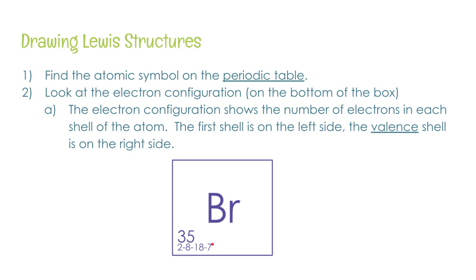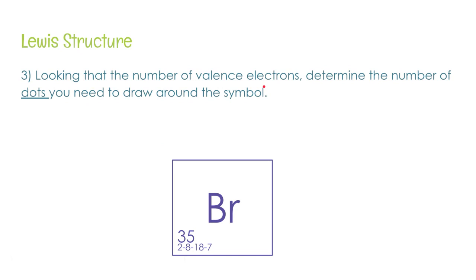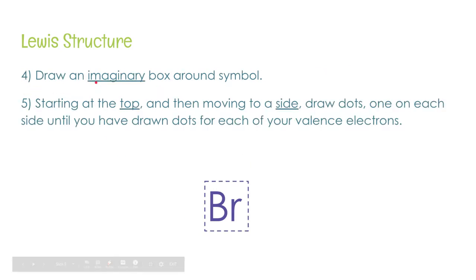Now that we know the number of valence electrons, we're going to draw them as dots. If bromine has 7 valence electrons, it needs 7 dots. I'm going to put an imaginary box around the symbol. I'm going to start drawing my dots, my electrons, at the top.